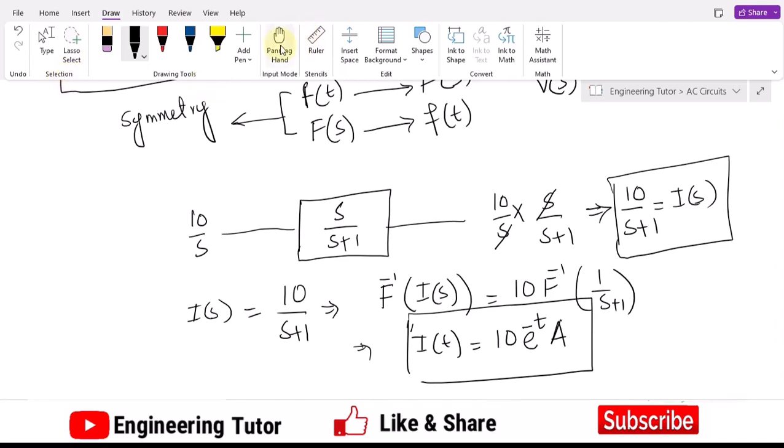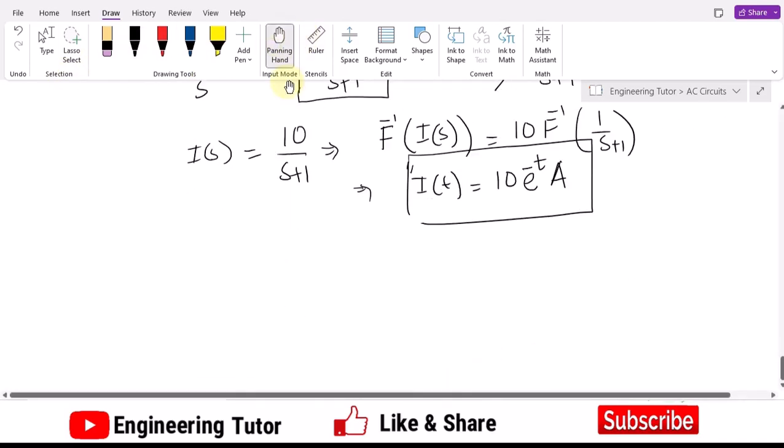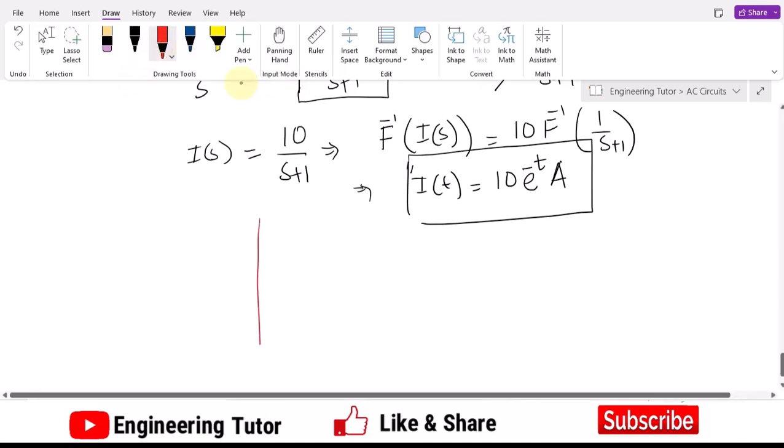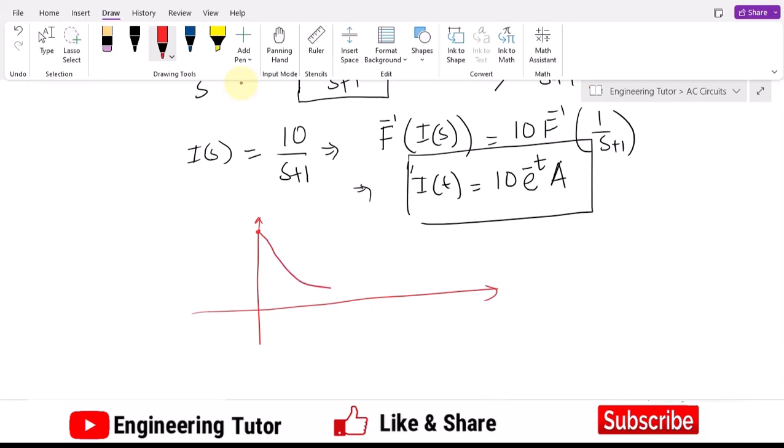Okay. So, that is for the capacitor, and in the RC circuit we can see that the current is exponentially decreasing. Initially the current will have the highest value, but with the passage of time it will decay at the rate of e to the minus t. Initially it will have 10 amperes, but with the passage of time it will decrease and give me 0 value.